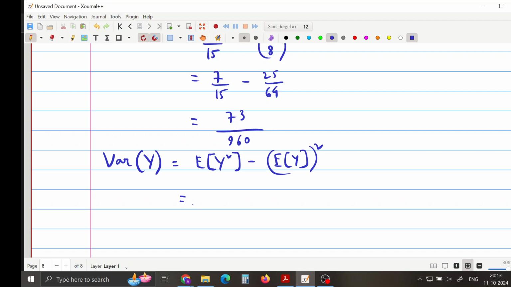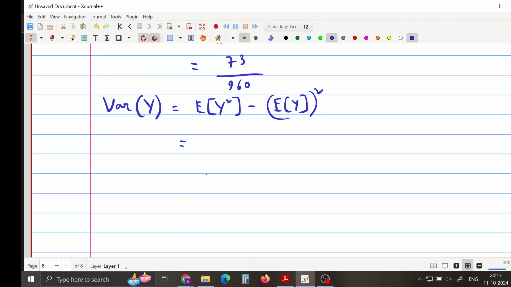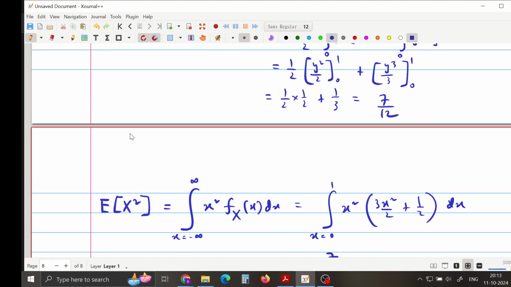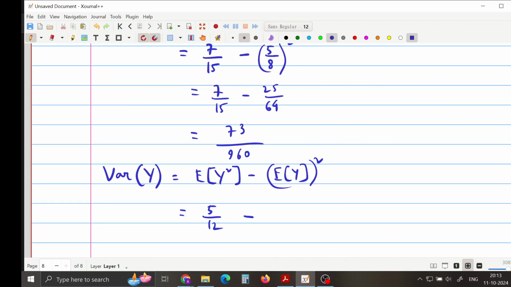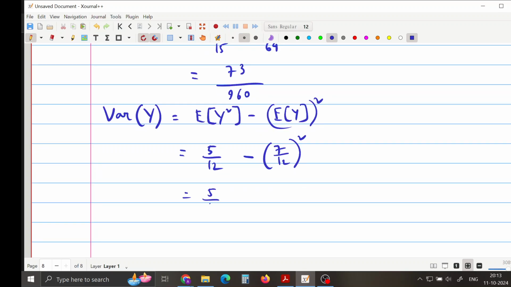Expectation of y squared we have calculated is 5 by 12, and expectation of y was 7 by 12, so we take the square of 7 by 12. So this is 5 by 12 minus 49 by 144, and that gives you 11 by 144.